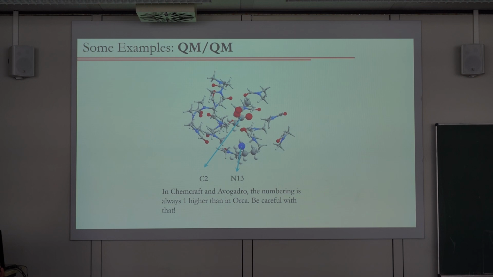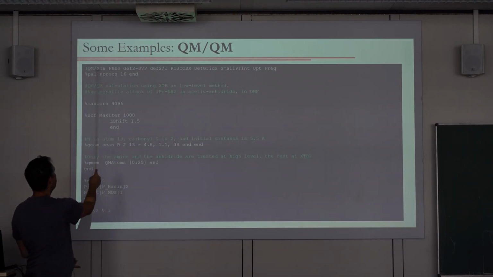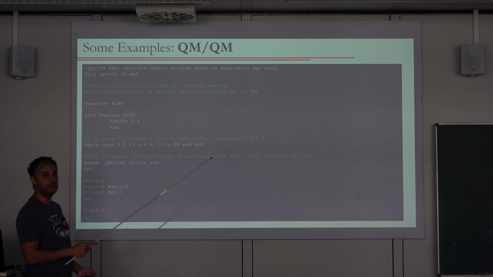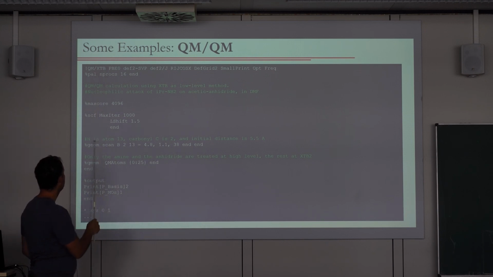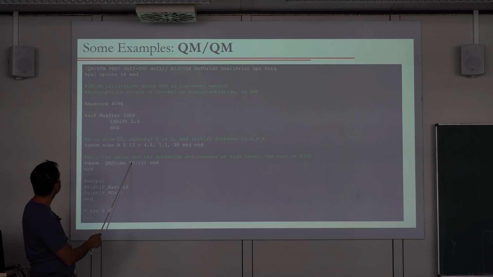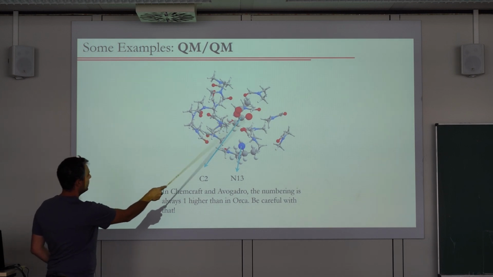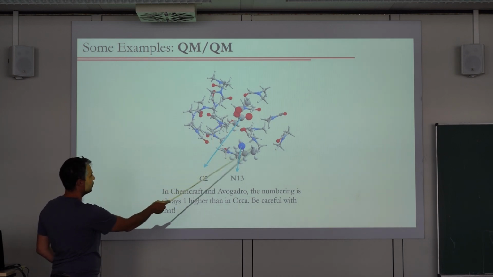And this is QM. Okay, so maybe I should stop it here. But this is just how to do multi-level calculations, and I can go very fast. So this is QM XTB. XTB is a semi-empirical method that I will use only for the solvent. In here is a scan, but it could be anything, and I define the QM atoms to be only these atoms, the acetic anhydride and isopropyl amide.